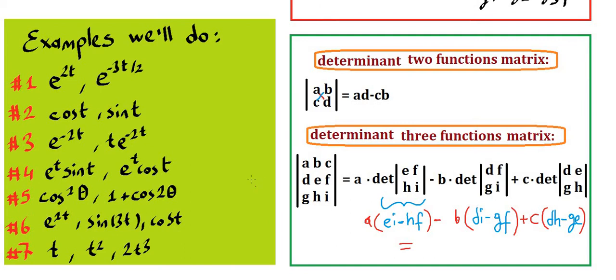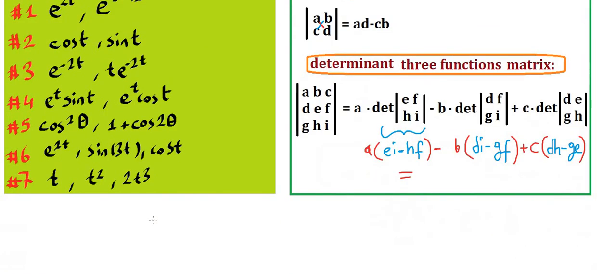In this video, we are going to do these 7 examples. We are going to compute the Wronskian of 2 functions, and in examples 6 and 7, 3 functions. Let's begin. First, we have e to the 2t and e to the negative 3t over 2.